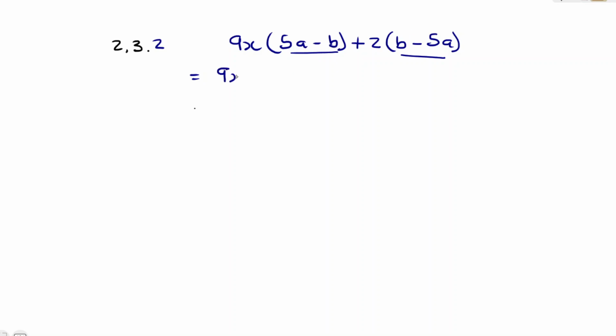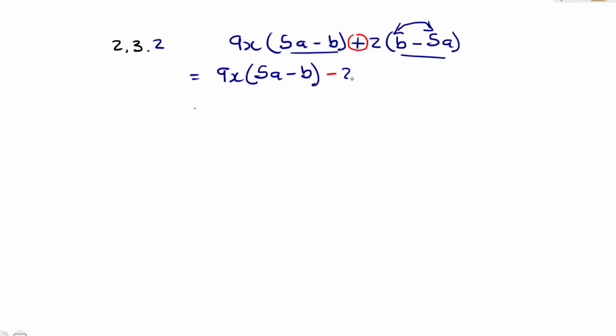So I'm going to leave the first bracket as 5a minus b, but now I will change the value in the second bracket. This is b minus 5a. I want to change it to 5a minus b. In other words, I'm going to take the 5, put it first, take the b, put it last. But when you switch these two terms, this sign, which is positive for these two, will change and become negative.